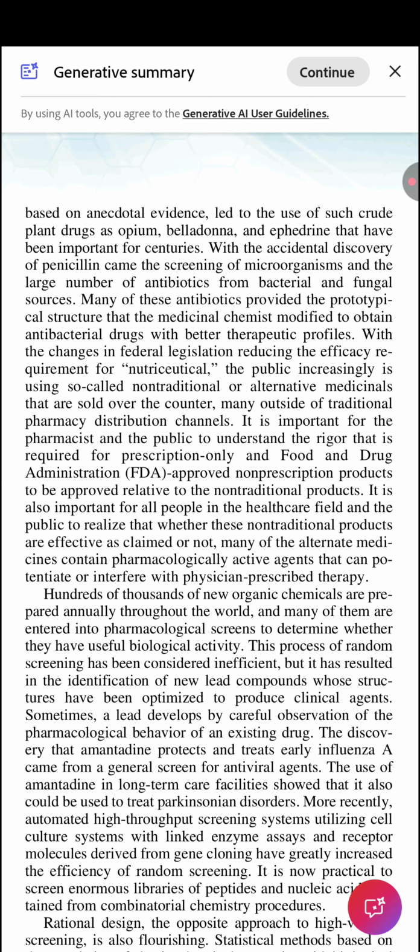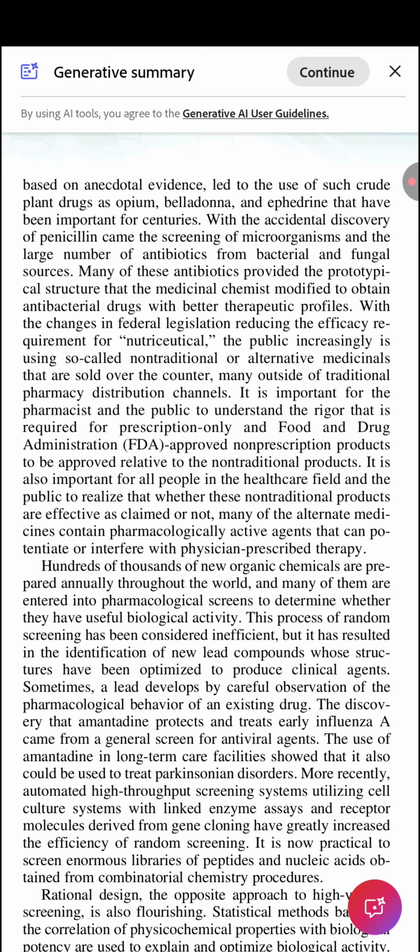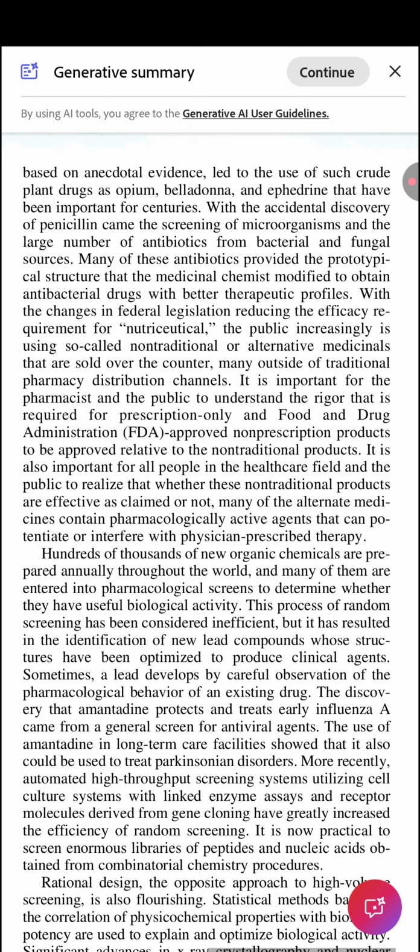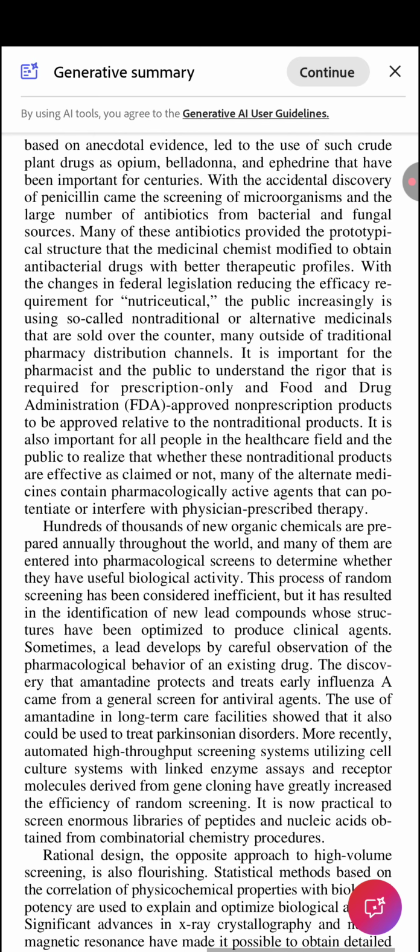With the accidental discovery of penicillin came the screening of microorganisms and a large number of antibiotics from bacterial and fungal sources. Many of these antibiotics provide the prototypical structure that the medicinal chemist modified to obtain antibacterial drugs with better therapeutic profiles.